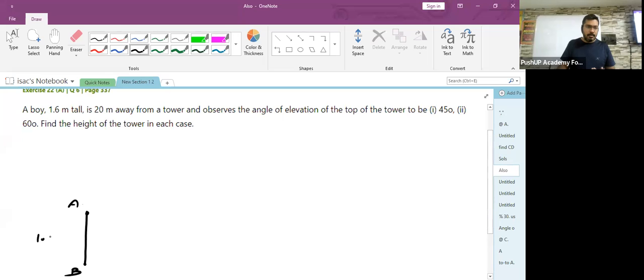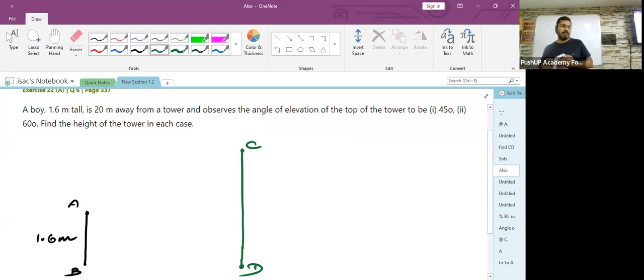AB, 1.6 meter tall, is 20 meter away from a tower. So I will draw the tower over here. This is the tower. Okay, CD is the tower. He is 20 meter away from the tower.